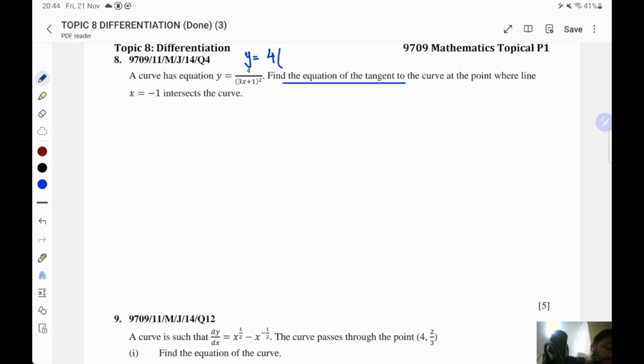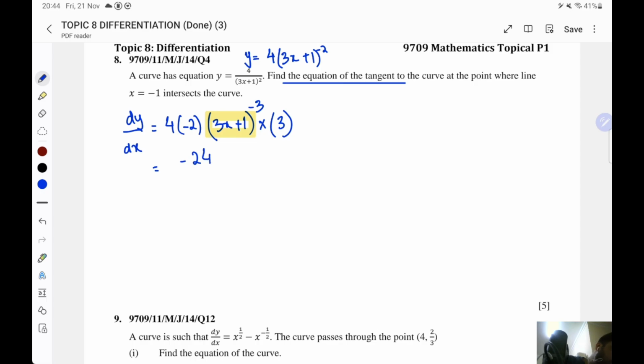For the gradient, I'll bring this into the power and find dy by dx first. dy by dx will be 4 times negative 2 times bracket 3x plus 1, and then I will reduce 1 from the power, which makes it power minus 3, multiplied by the derivative of the bracket, which is 3. That gives minus 8 times 3, which is negative 24, divided by 3x plus 1, whole power 3.